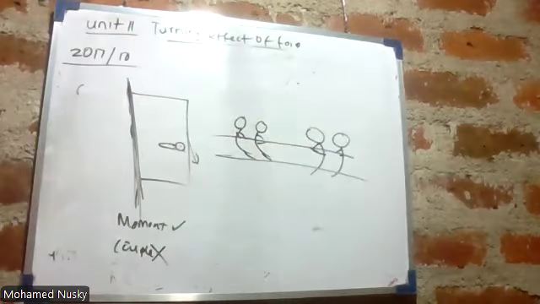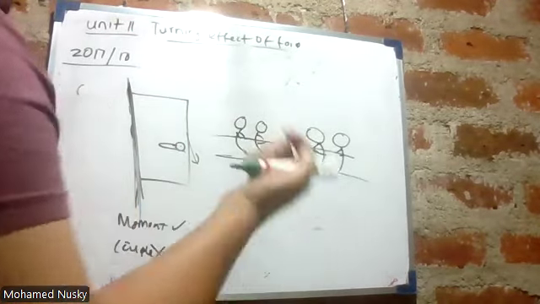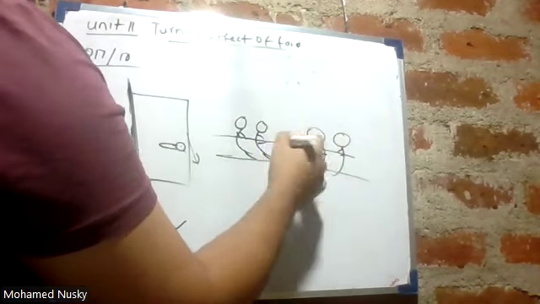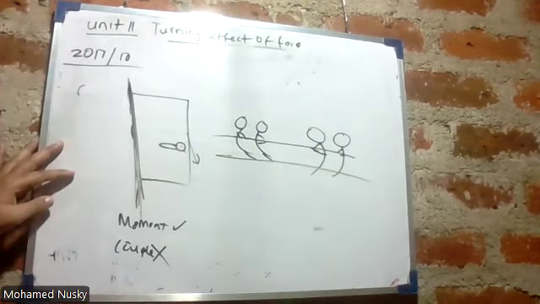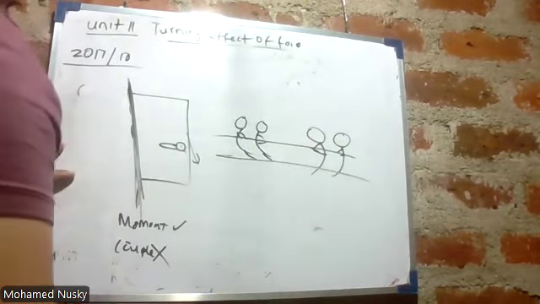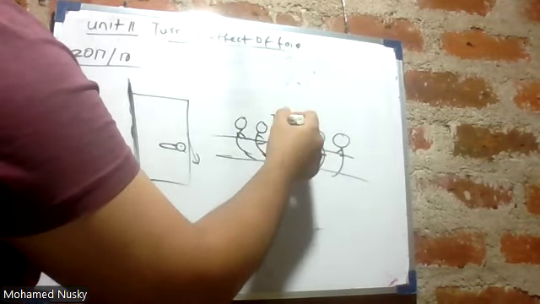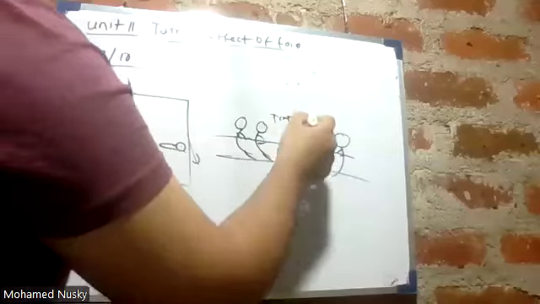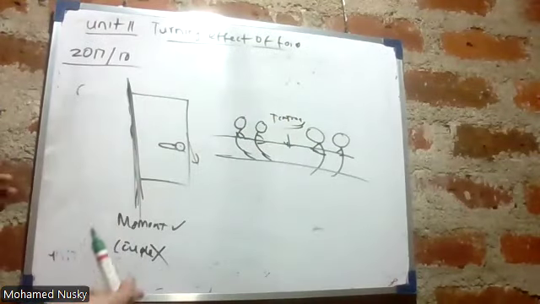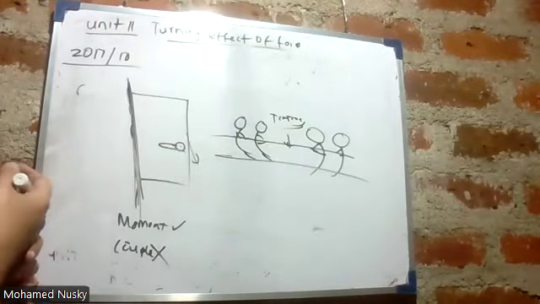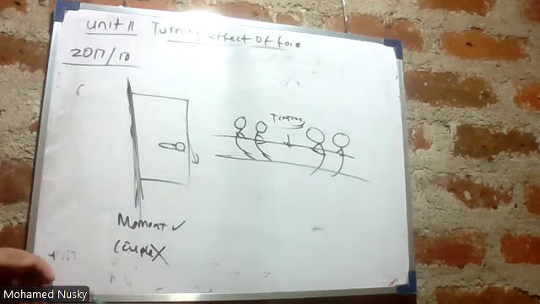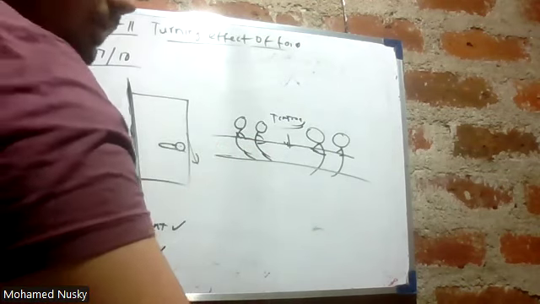So if two groups pull each other, what will happen? Tension will be created in the string. That tension is not related to couple. That is not an application of couple.